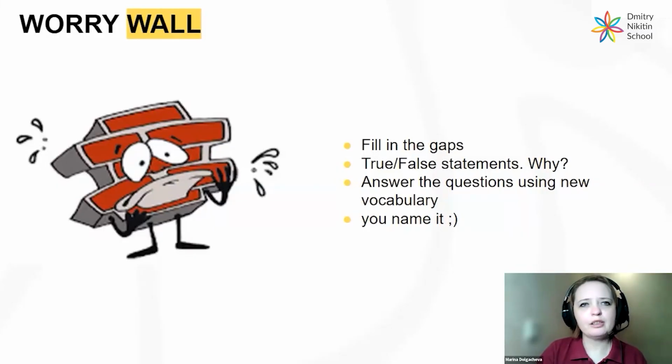So what they want basically is to be able to use the vocabulary in oral or written speech, but many of them are not here to take an exam at the end. So that's why those kinds of activities might seem too challenging, too stressful for them. And that's why they're here on the worry wall.